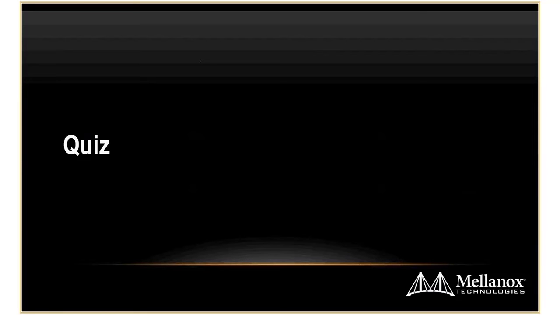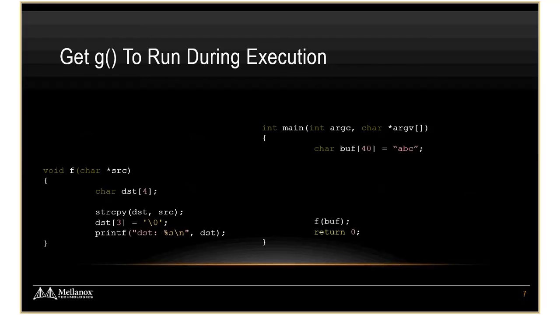So I'll start off with a quiz. This is the quiz that I actually asked Daniel, and Daniel's one of the few people who solved it nicely. In the quiz, main initializes a buffer with a string ABC and passes it to function f. Function f receives a char pointer src, a source, copies it to its internal buffer dest, which it intends to print by calling printf.